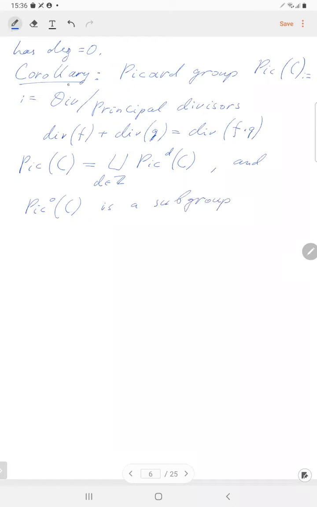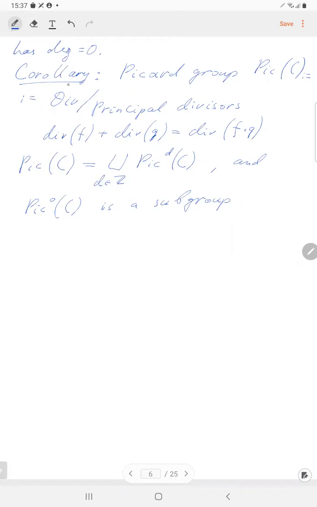I mean, the degree of a divisor is well-defined modulo addition of principal divisors. When you add a principal divisor, the degree does not change. So this partition of all divisors according to their degrees descends to the quotient group Picard of C, and this is what is used in today's home assignment.